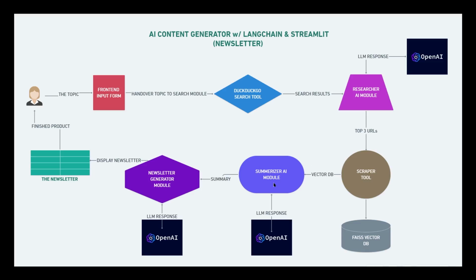This summarizer module then connects to the LLM again, and it will have the necessary prompt engineering done with it, giving it the instructions it needs to create a nice little summary out of those internet collected data, and then hand over that summary to our final newsletter generator module.